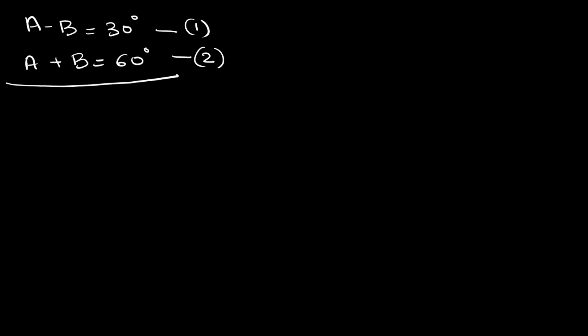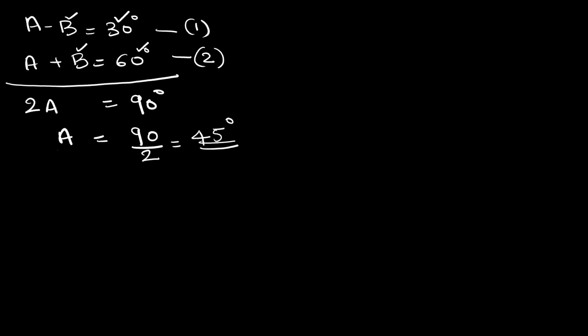Add each term: A plus A, that is 2A. Minus B plus B, that is 0, equal to 30 degree plus 60 degree, that is 90 degree. Now 2A equal to 90 degree, therefore A is 90 divided by 2, which is equal to 45 degree. So we got A as 45 degree.